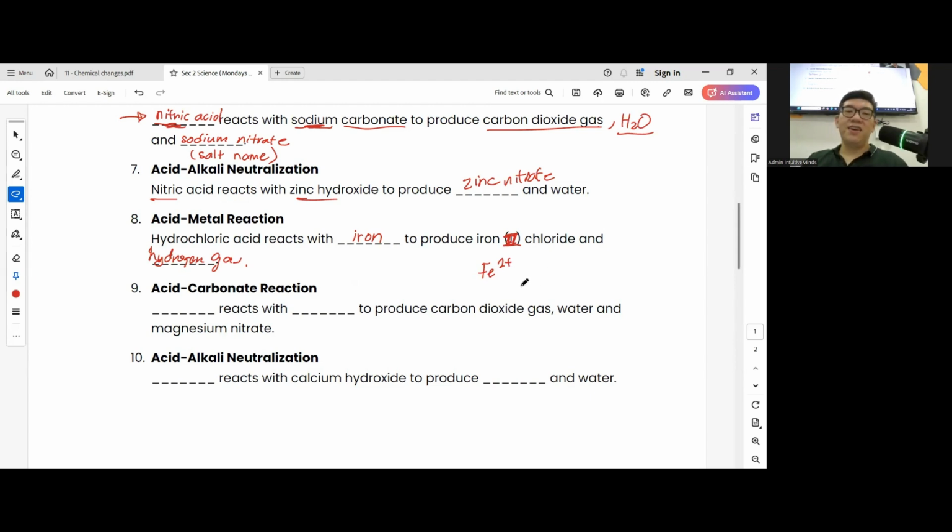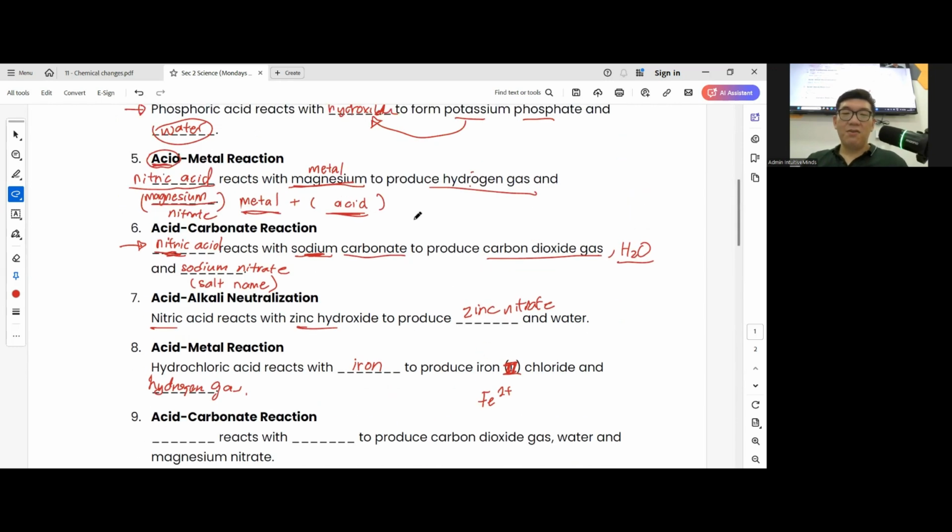A carbonate is anything that contains the carbonate ion. So a carbonate will produce carbon dioxide gas. A carbonate contains carbon and oxygen.